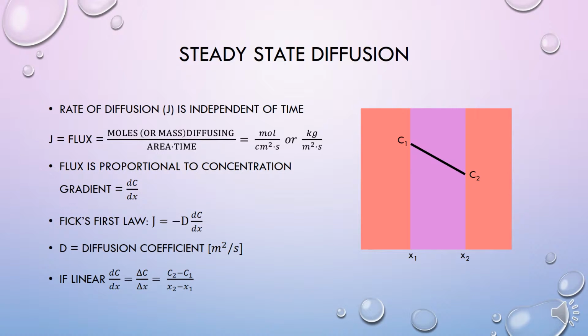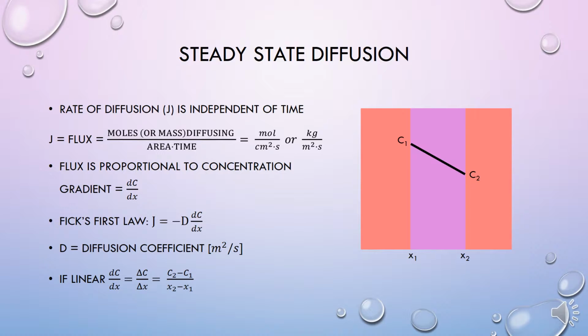There are two different types of diffusion. The first type is steady-state diffusion. Steady-state diffusion is diffusion in which the rate is independent of time. The rate of diffusion is known as the flux, which has the units of moles or mass over area per time. Flux is proportional to concentration gradient.